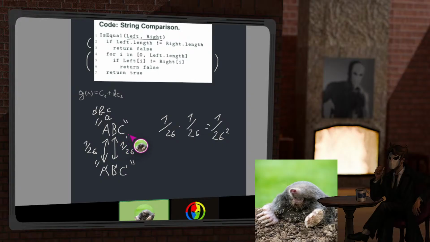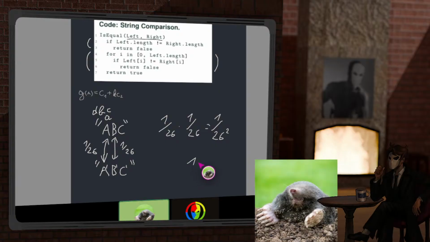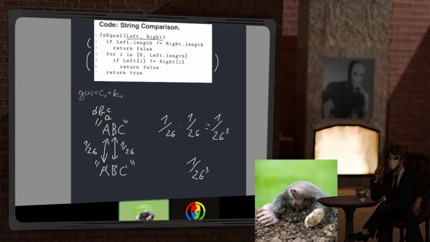If we apply the same reasoning for the third character, we would get 1 over 26 exponent 3. This is pretty general, actually. The probability that the j first characters are equal is simply 1 over 26 exponent j.